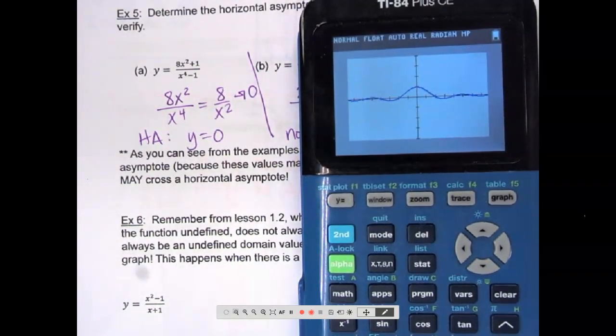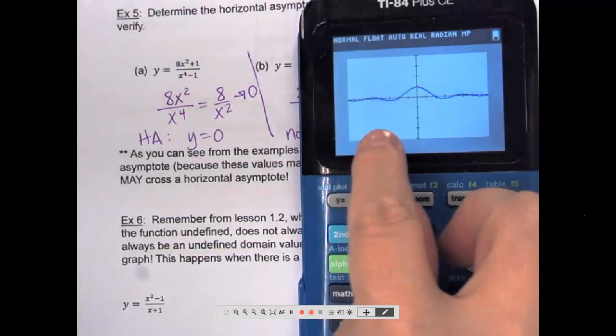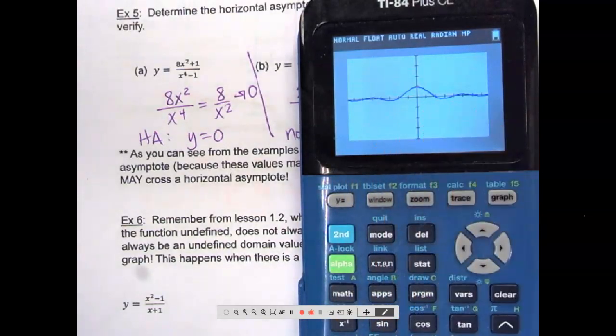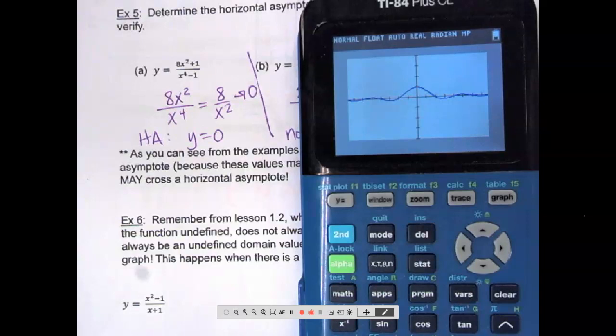It's symmetric about the y-axis. This would have y-axis symmetry, which is also then called an even function, just FYI for the fun of it. Okay, so what this graph is doing, as I go farther out, it's flattening out. So you've got these little hills that are just sort of mellowing out as it goes along.